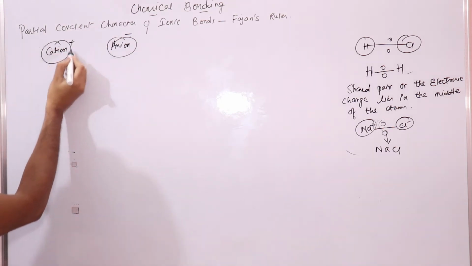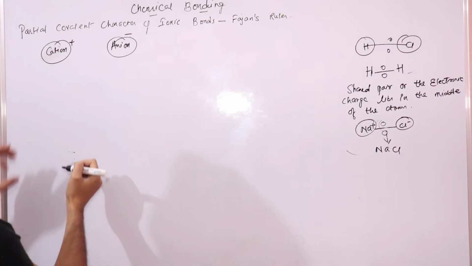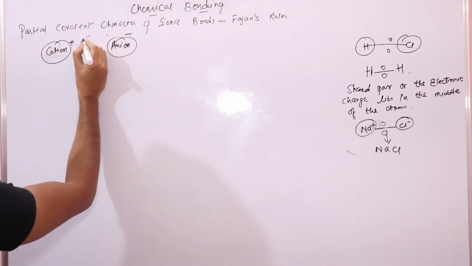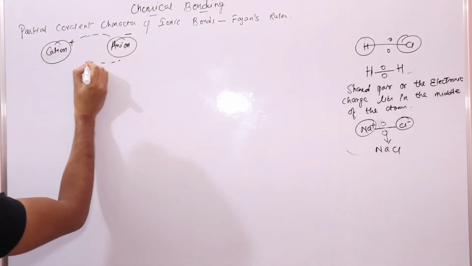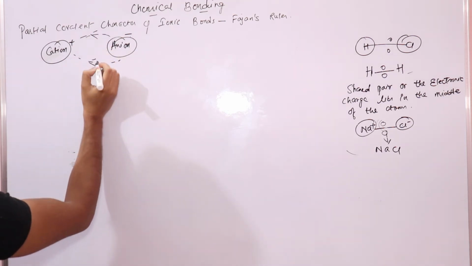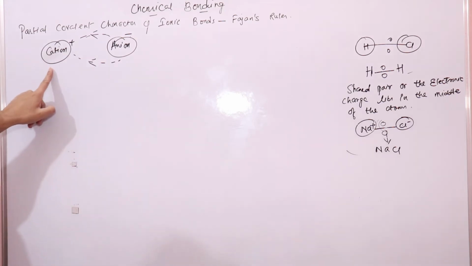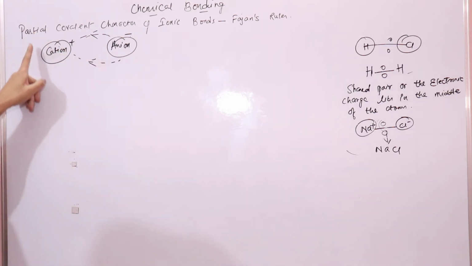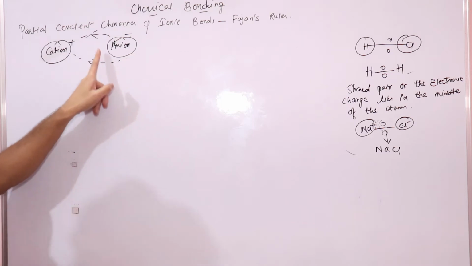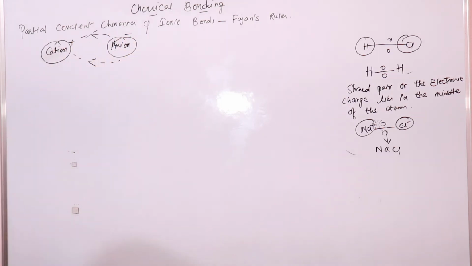The cation is positively charged, so it will attract the electron cloud of the anion towards itself.